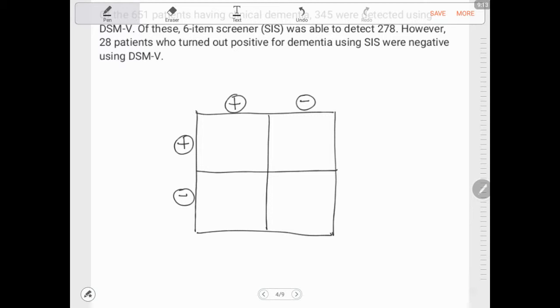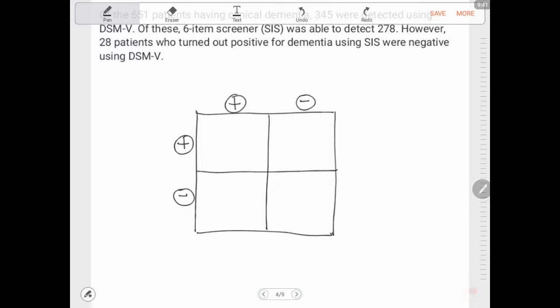Remember, lahat dyan sa itaas dapat nakalagay yung gold standard. Yung C mo, yung sa PICO, dapat dyan. Whereas, dito na side, dyan yung intervention mo, yung test na tinitest mo against the gold standard.